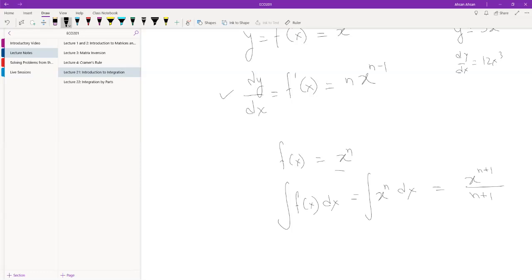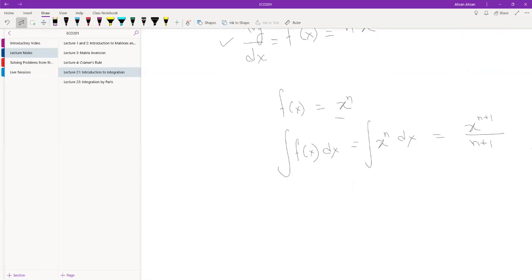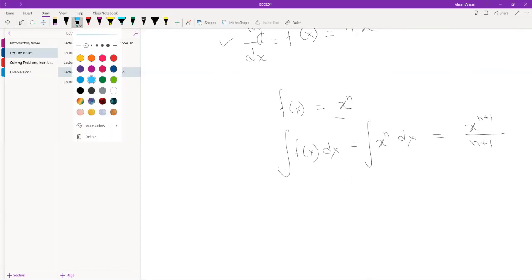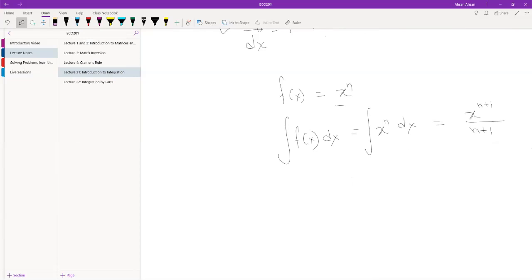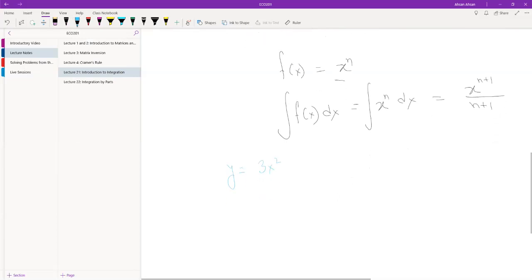As always, things look messy and don't make sense, but once I go through the first example, hopefully it becomes clearer. Suppose we have y equals 3x squared, and we want to integrate 3x squared dx. Let's use the formula. You know what to do with a constant in calculus, so we hold the 3 and focus on the x squared.